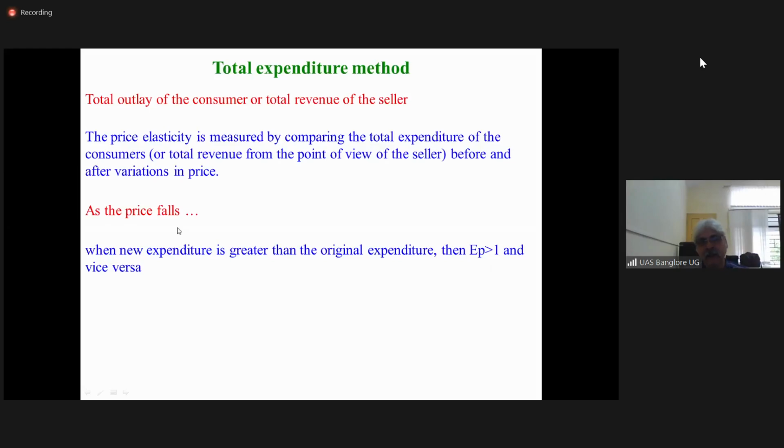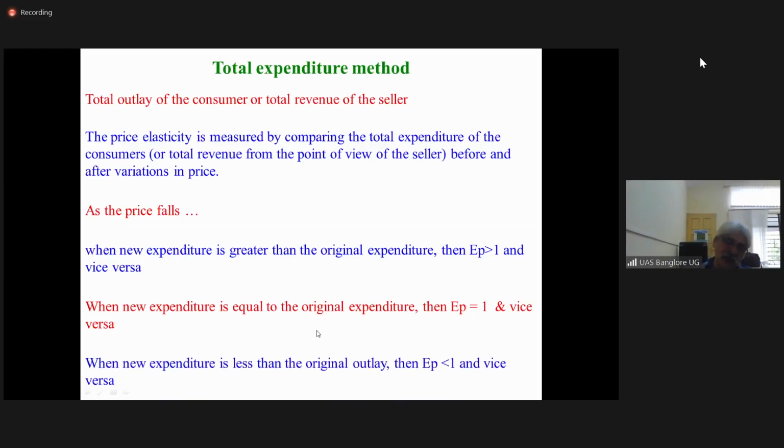That means if the price increases and the expenditure is lesser, then it will be less than 1. When the new expenditure is equal to the original expenditure, then EP will be equal to 1. And the last one, when the new expenditure is less than the original expenditure when the price falls, your EP will be less than 1.